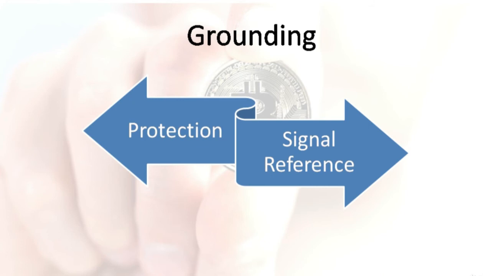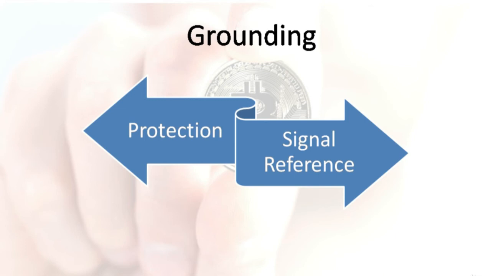The goal of having an electrical bonding system in the mining facility is due to 2 main reasons. The first one is to have protection against electrical hazards, like the one that I mentioned before, forming a conductive path to earth, and 2 is using it as a signal reference for some equipment.